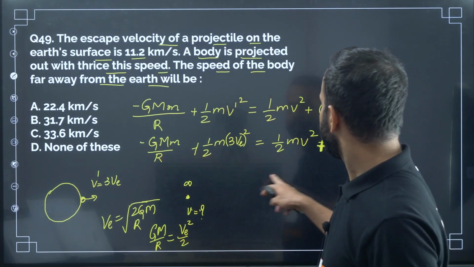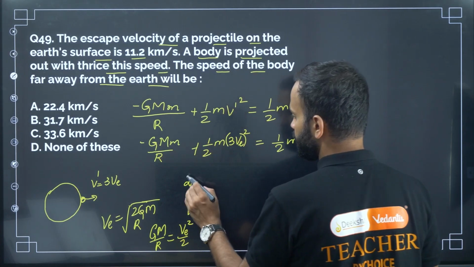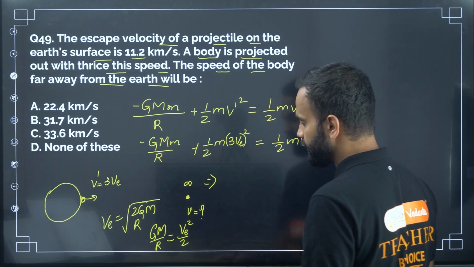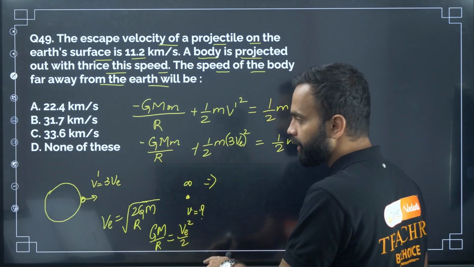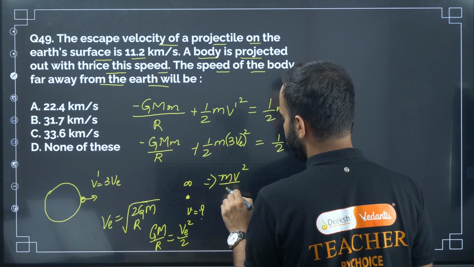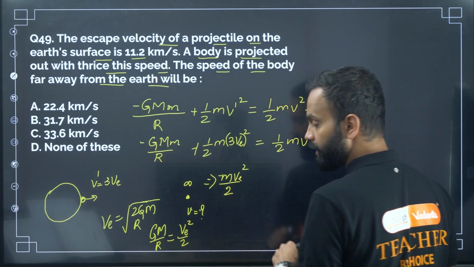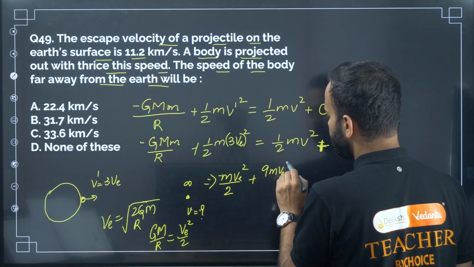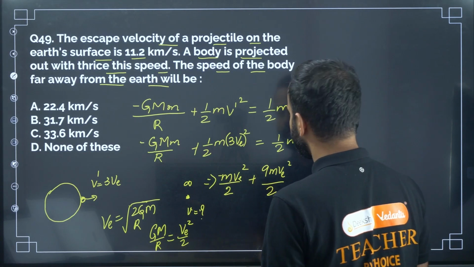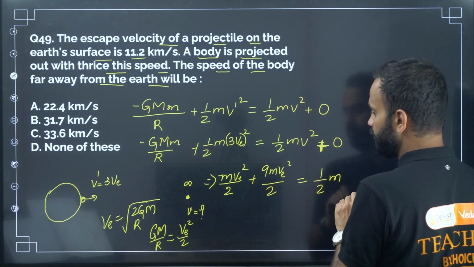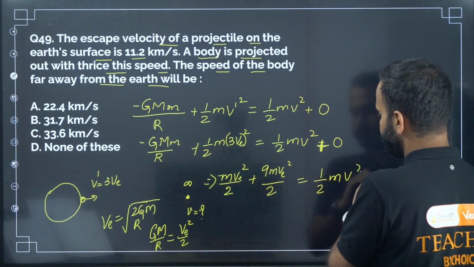So now I can write minus GM by R as minus Ve square by 2. So this will be minus m Ve square divided by 2 plus 9 m Ve square divided by 2 equal to half m v square.